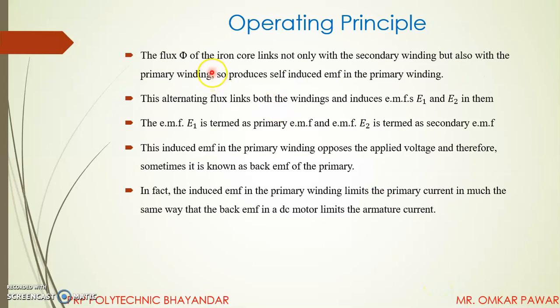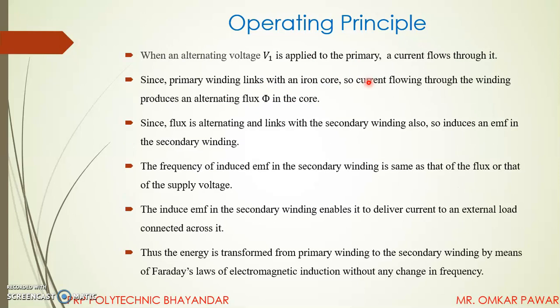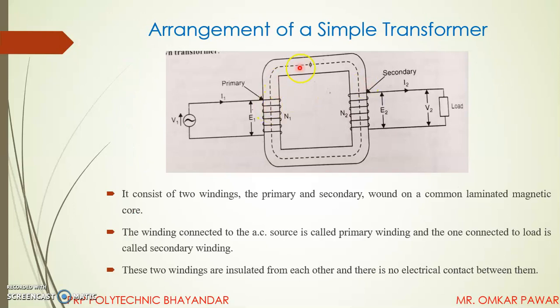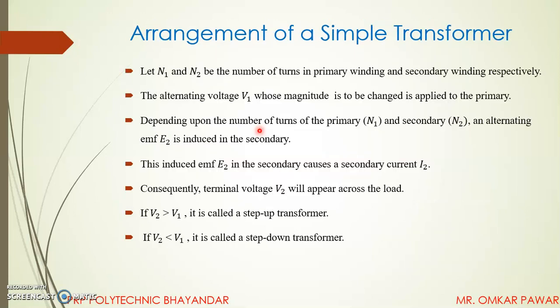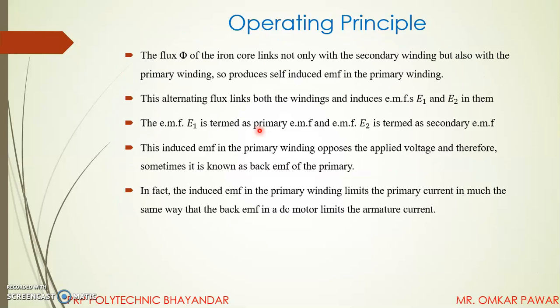The flux phi of the iron core links not only with the secondary winding but also with the primary winding. So it produces a self-induced EMF in the primary winding. That is, this flux phi links with the secondary winding but also links with the primary number of turns, so it induces a self-induced EMF E1 in the primary.